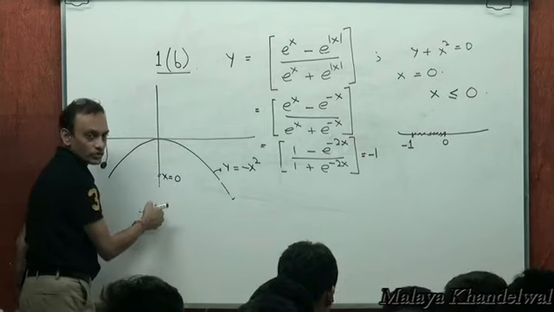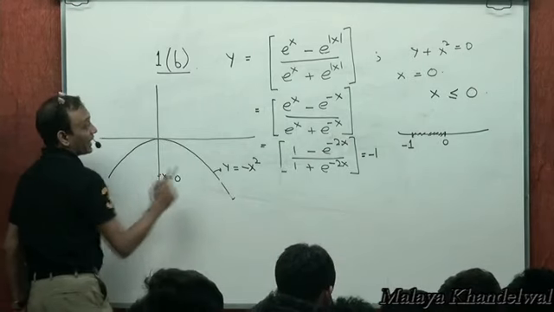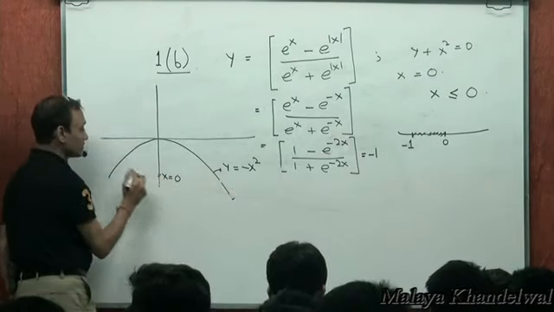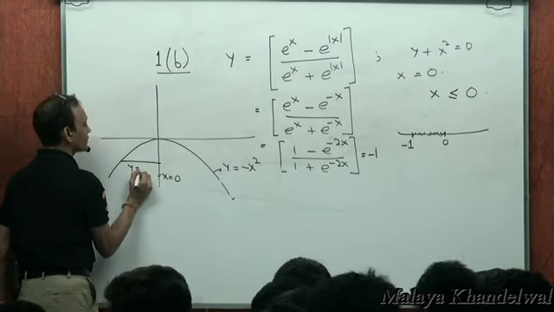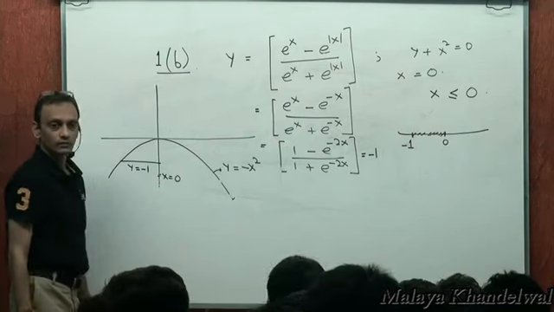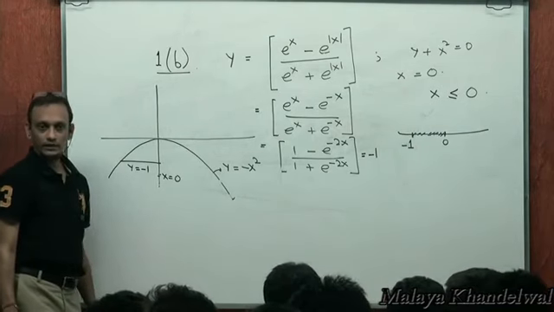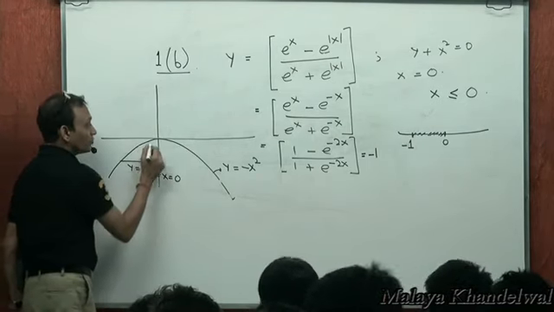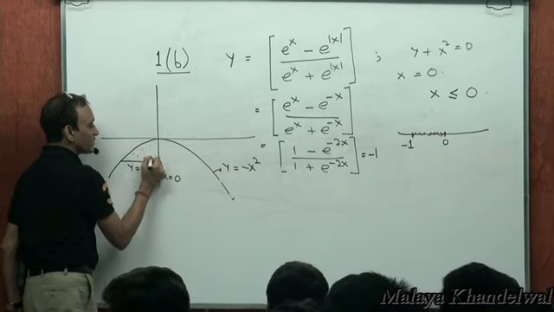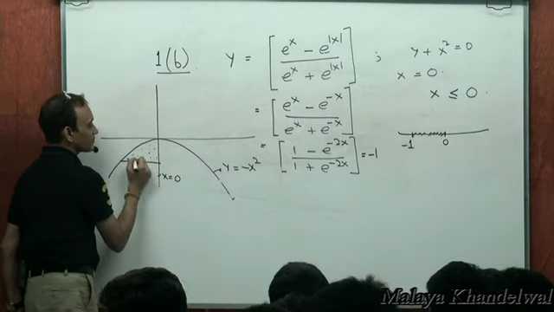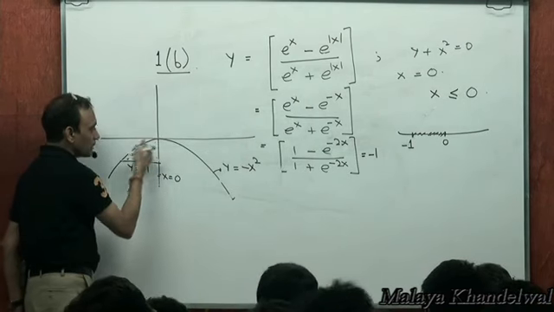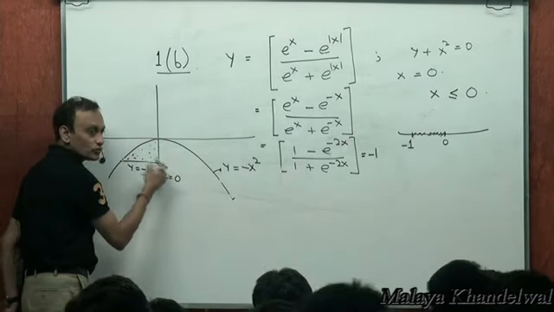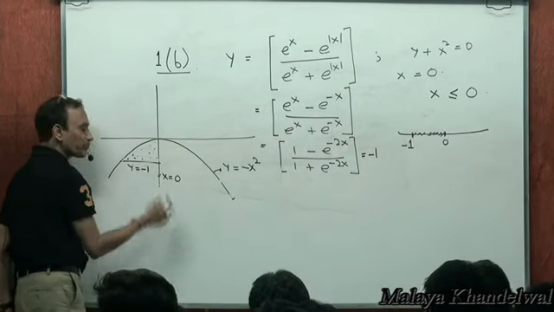And this curve is y equal to minus 1. Y equal to minus 1 is this. And therefore the area that we are seeking is this area, between y equal to minus 1, this curve, and x equal to 0.